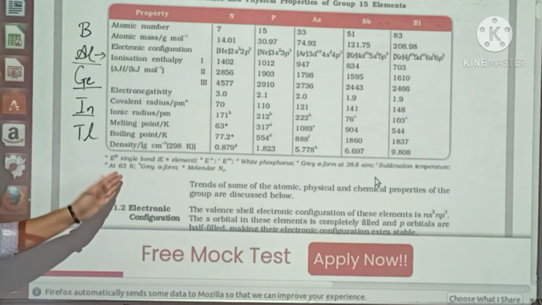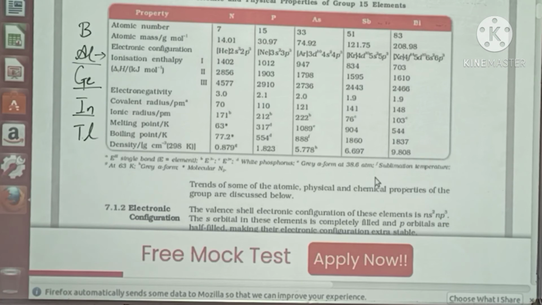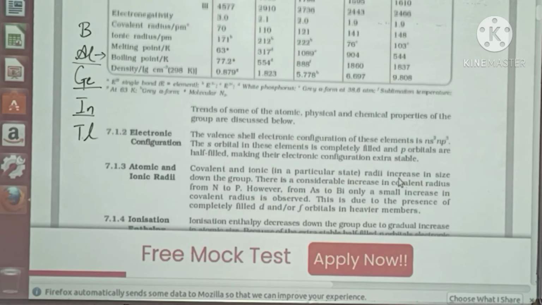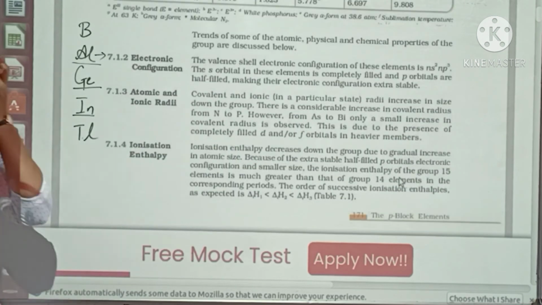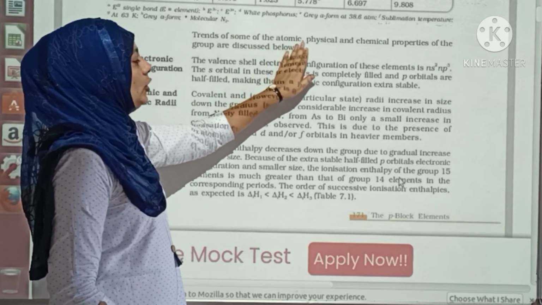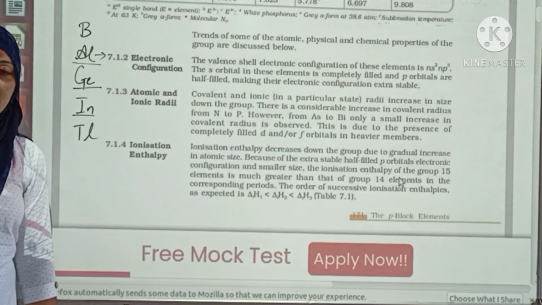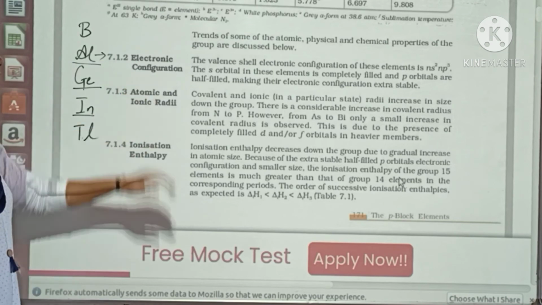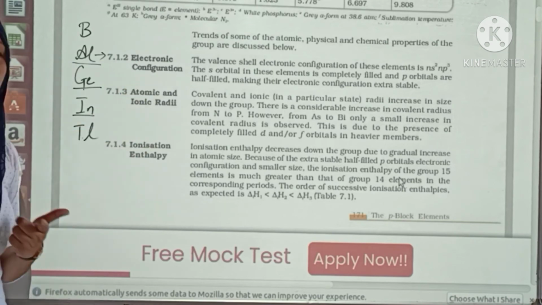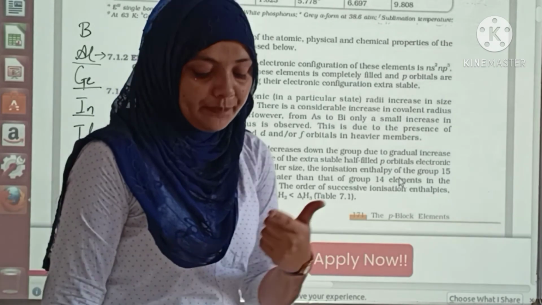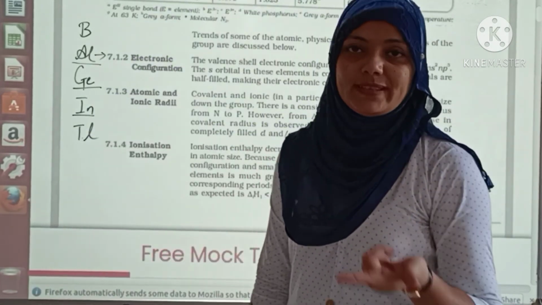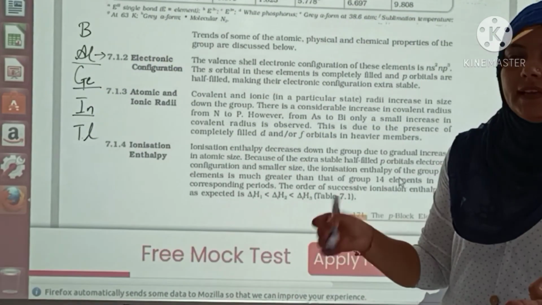So dear students, let us further proceed. Some of the atomic, physical and chemical properties of the group are discussed below. First of all, we are talking about the electronic configuration. Till you study class 10, you simply write 2, 8, 8, 16.